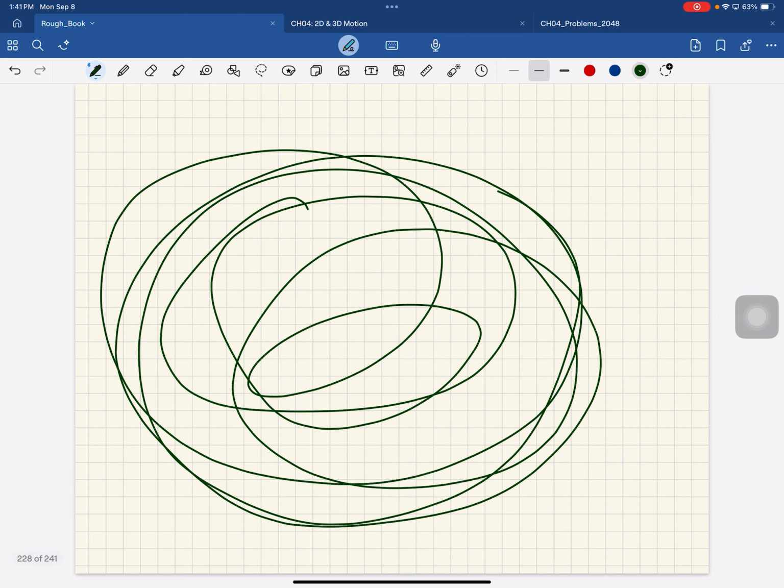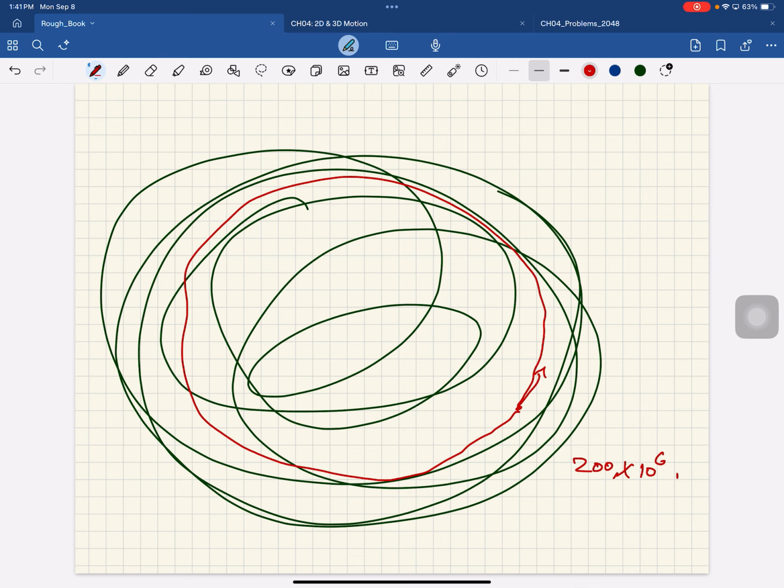We live in the Milky Way galaxy, and the sun is going around in a circle like that. It takes us 200 million years to complete one orbit. We are going at constant speed, so the entire solar system is going at constant speed. What is providing the centripetal force?